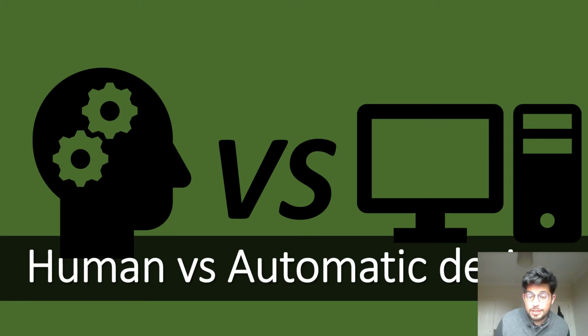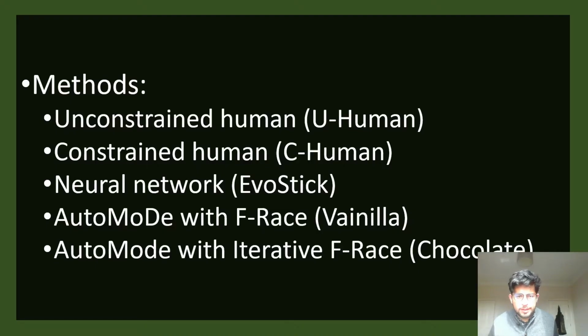Okay, that's great and everything, but which one is best? Is it better to have a human doing it, or is it better to have a machine doing it? Well, we're gonna find out. In the experiments carried out by the researchers, by the way, the list of papers is at the end, and you can refer to that.